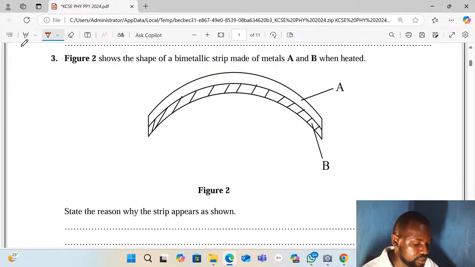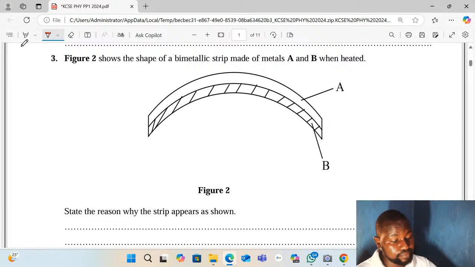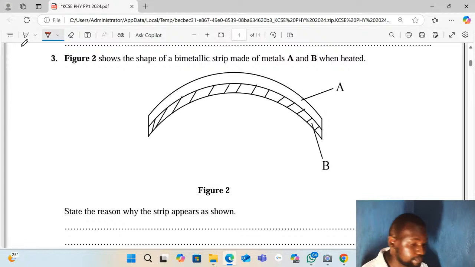State the reason why the strip appears as shown. You can see that A is bent inwards. The same applies to B, but which one caused the other one to bend the other way around? Because A is on the outer part, it is the one that caused B to bend in that manner.